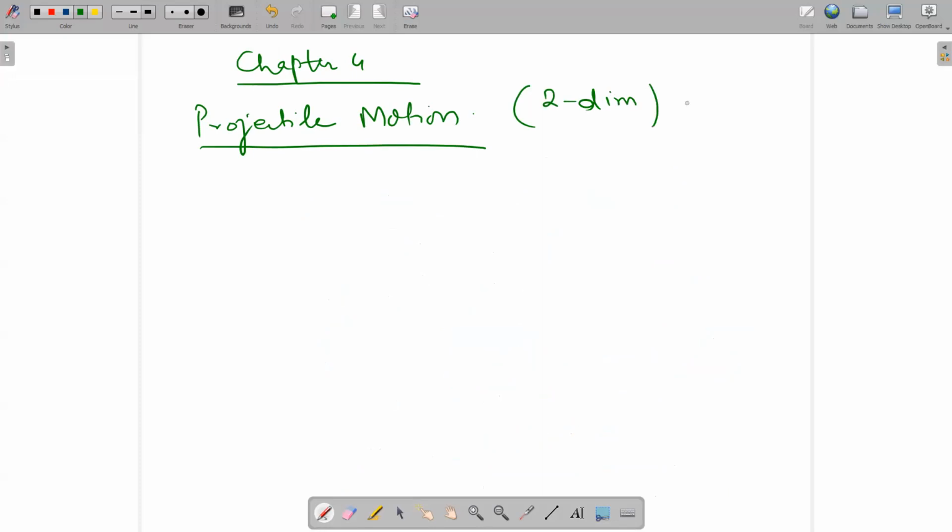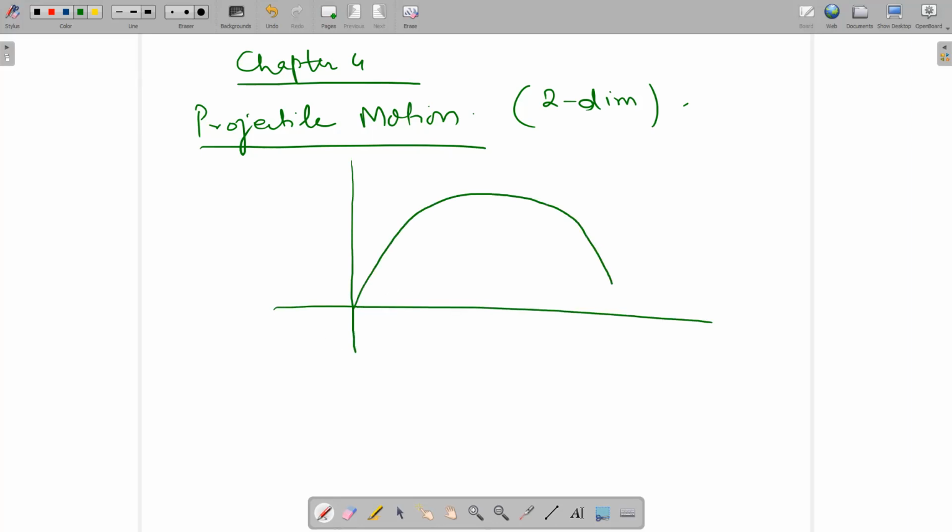One thing. The second thing is, in this motion, we have two components of velocity. This is the motion of the projectile.